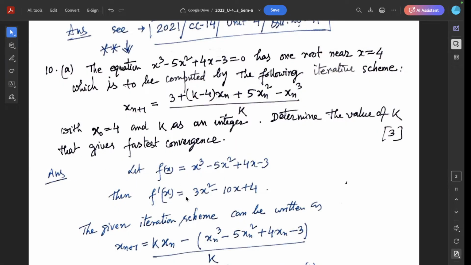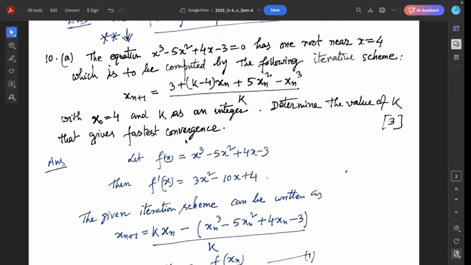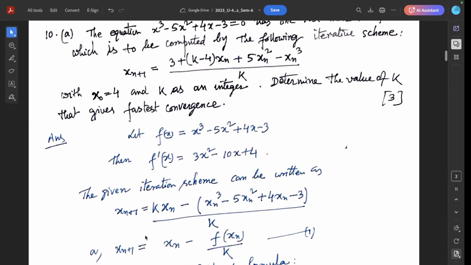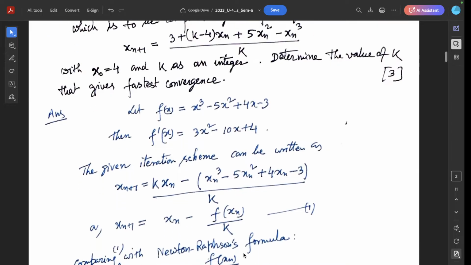Let f(x) equal to this, so f dash is equal to this. The given iteration scheme can be written as (k xn minus xn cubed minus 5xn squared plus 4xn minus 3) whole divided by k, so this equals xn minus f(xn) by k.